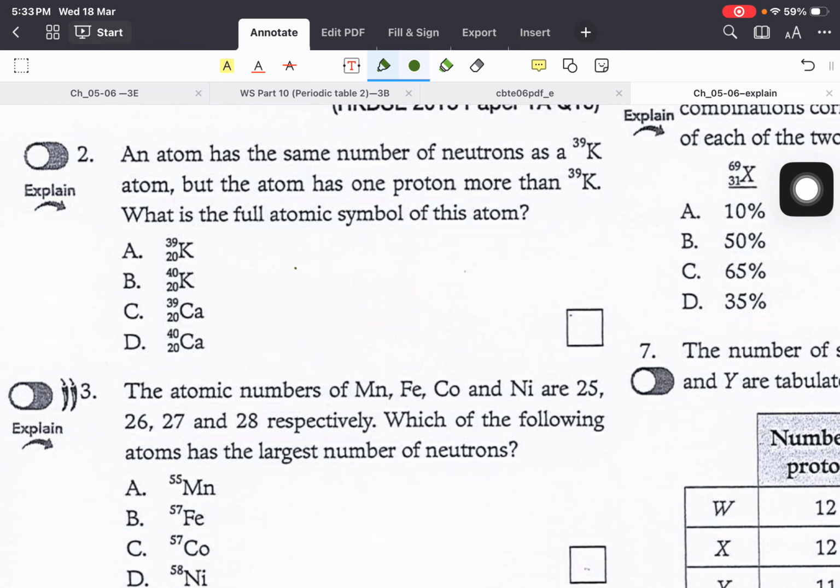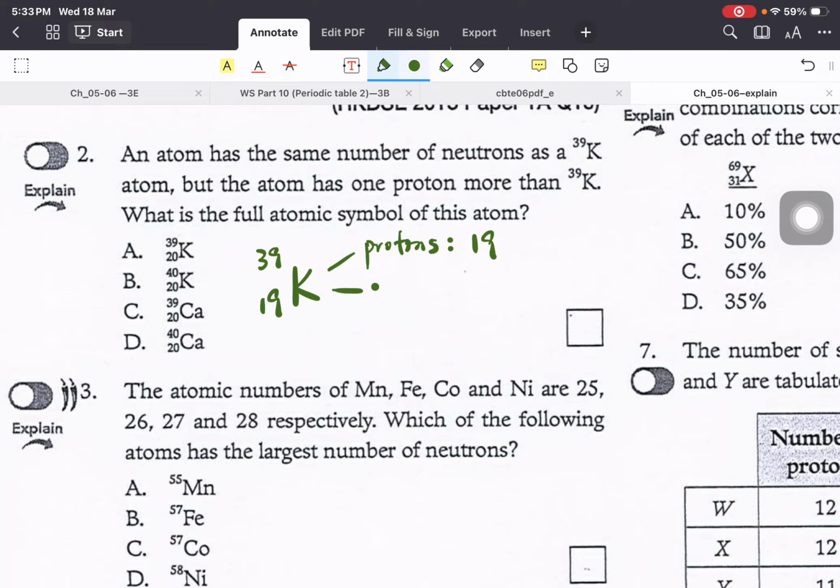We first write K39 out. What is the atomic number of K? 19. Having written this out, the number of protons we know is 19. Number of neutrons: 39 minus 19, so it's 20.